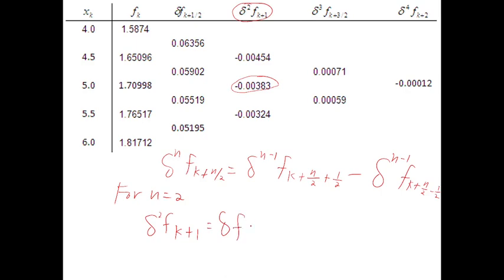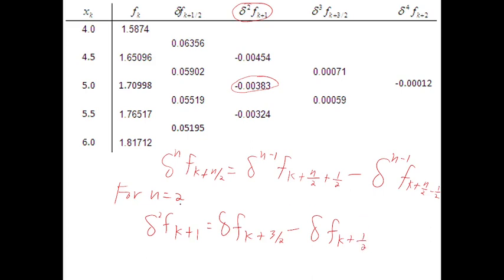So, n is 2. This is 2 over 2 plus 1 half, 3 over 2. K plus 3 over 2 minus delta f k, n is 2, so 2 over 2 minus 1 over 2, that is 1 over 2, k plus 1 half.